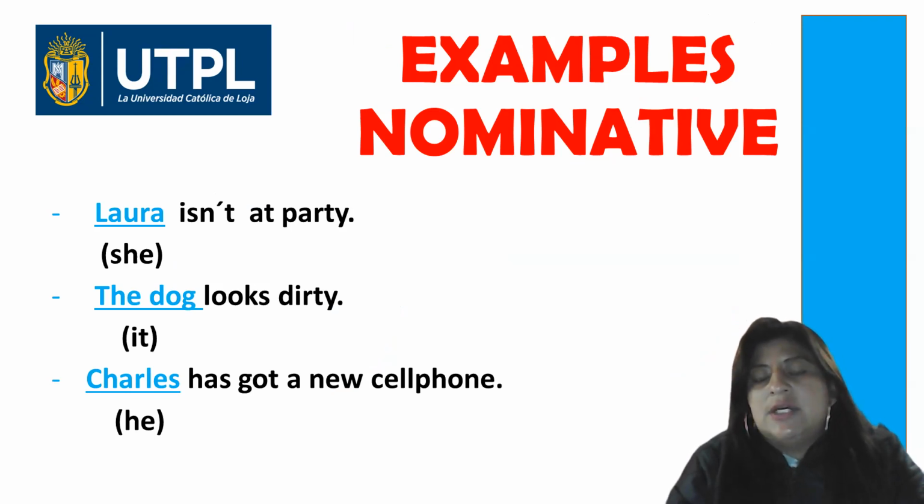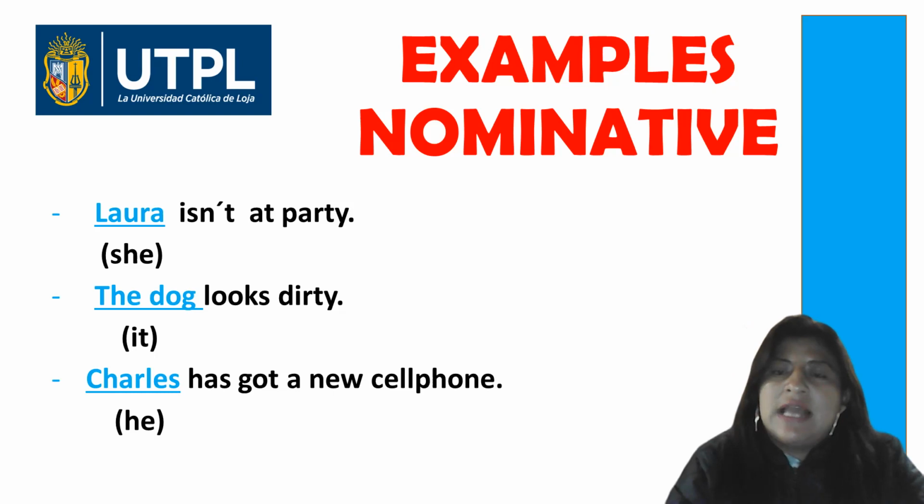Charles has got a new cell phone. Charles is the subject, personal pronoun he. This is the nominative. Don't forget that in these 3 sentences the subjects are singular. For that reason, we also have the verb in singular, which we learned last week about the agreement.